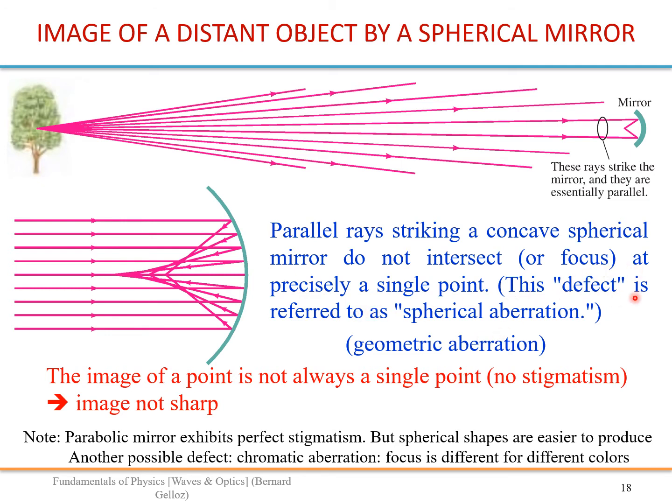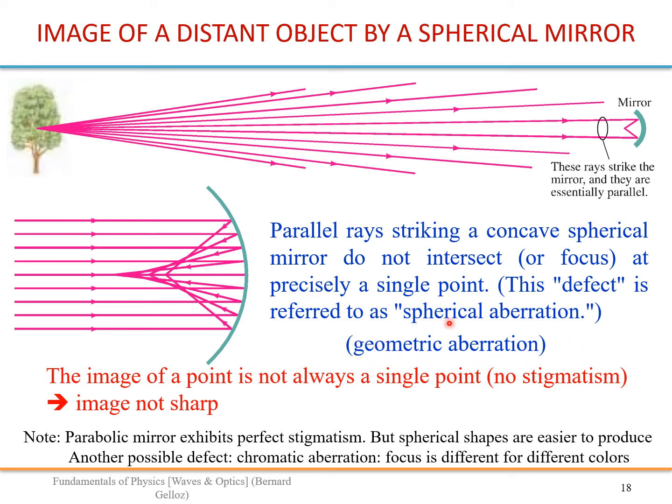So this is a defect. In the optical world, we call that a defect because usually we want the image to be a point. The image of a point should be a point. So this is a defect, and it is referred to as a spherical aberration. Aberration is all kind of problems in optics. Spherical aberration is an example of geometric aberration.